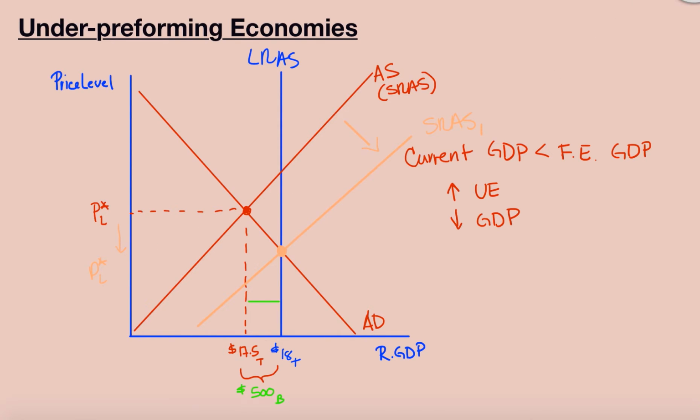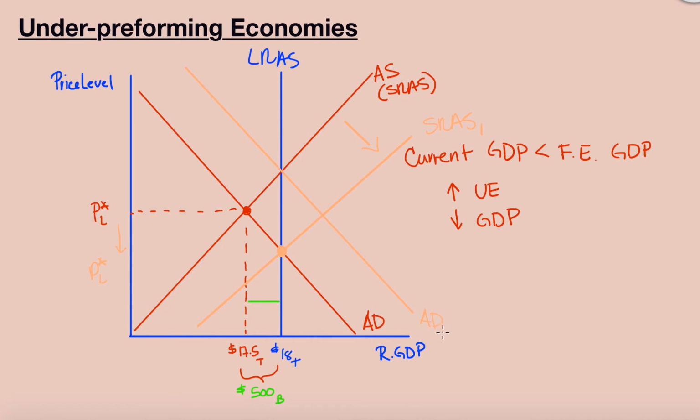Or the other way that we could get to our full employment level of real GDP is from the demand side. If we had an increase in demand, we could see that our demand curve could shift to the right, to aggregate demand 1, and bring us to our full employment level of real GDP.